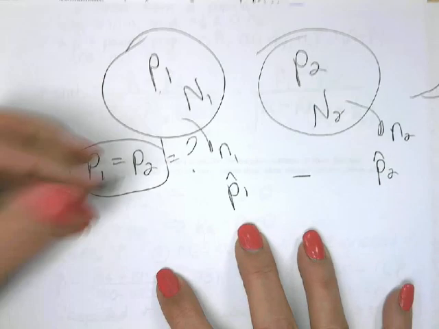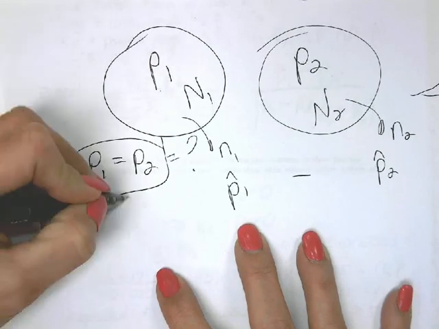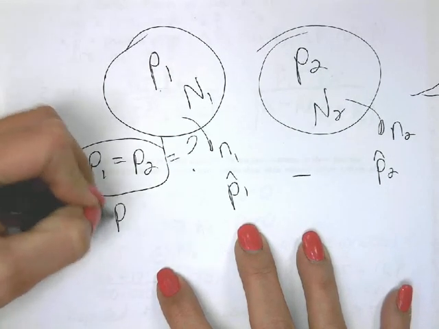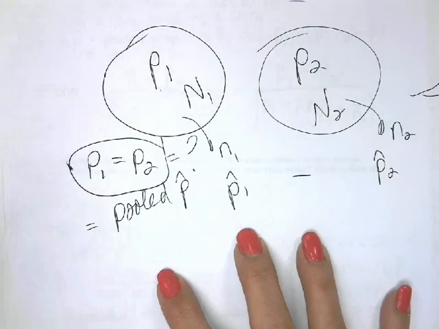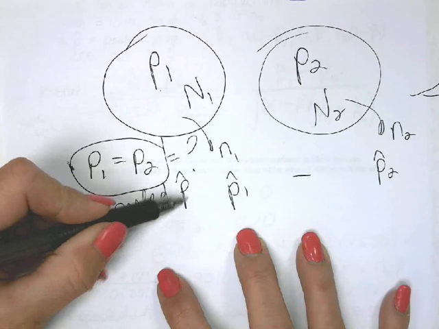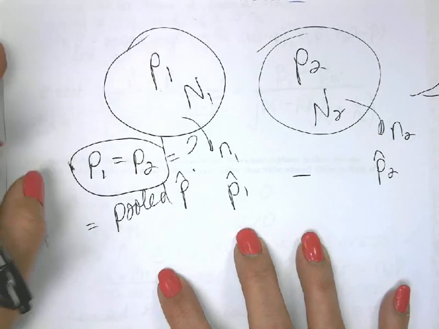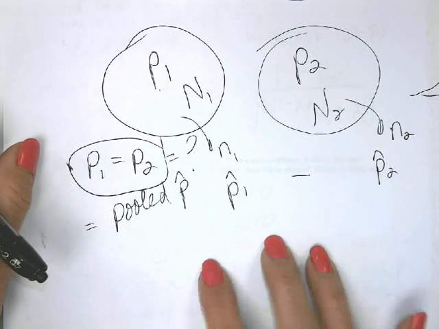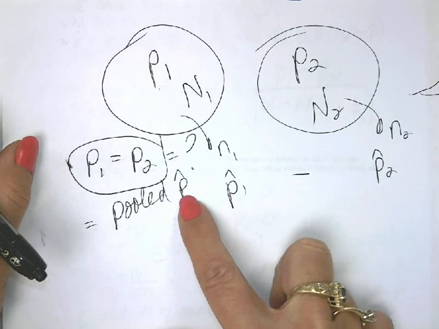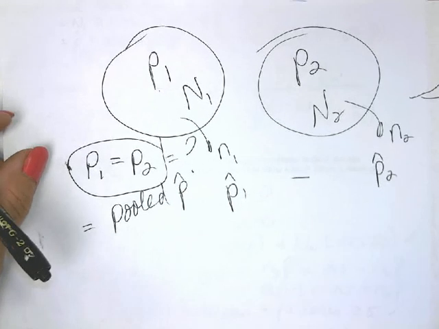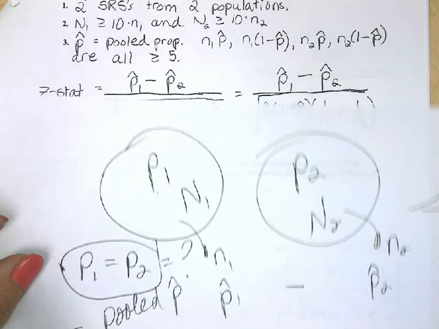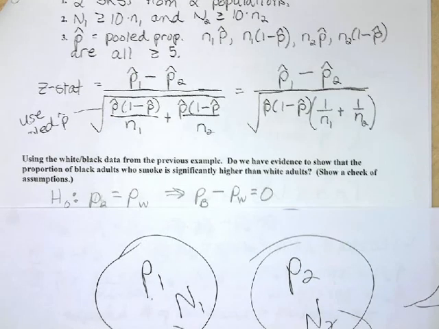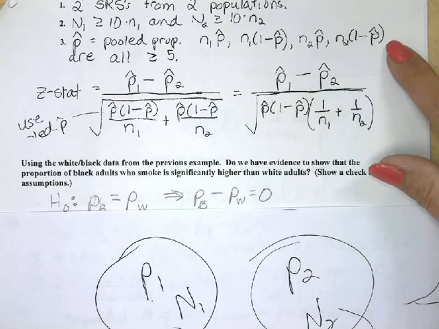We are going to call the number that they're equal to the pooled p, and we will put a p hat on it. So anytime you see a p hat without a subscript in a two proportion z test, the p hat all by itself is going to be the pooled p. And how do we find the pooled p? Well, I'll show you in one moment. So let's look down at our example, and we'll come back up and look at this characteristic and this formula.